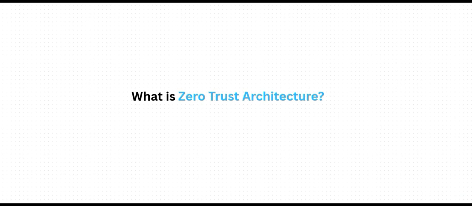Then we'll dive into what Zero Trust architecture actually is and explore some real world examples. And finally, we'll uncover the core principles of Zero Trust with the help of simple diagrams to make it crystal clear. So let's get started and understand this modern approach to security, the game changer that is Zero Trust architecture.